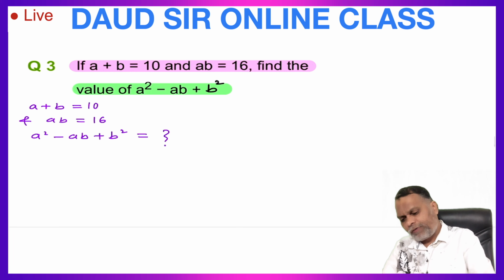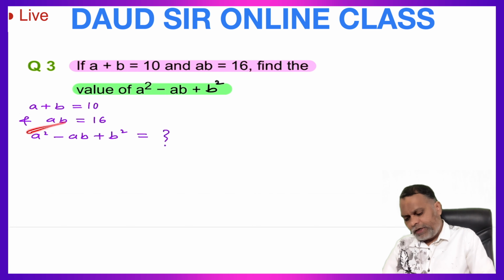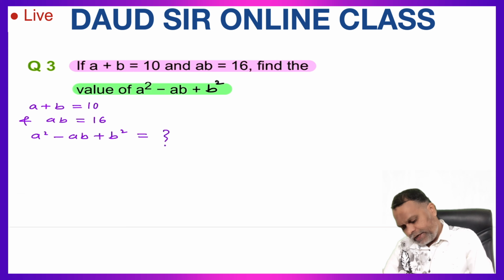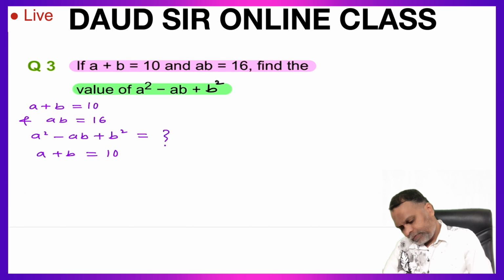So for finding this value, we can take this a plus b whole square, a square and b square here, so we can make squaring on both sides. So take this a plus b is equal to 10. It is given.